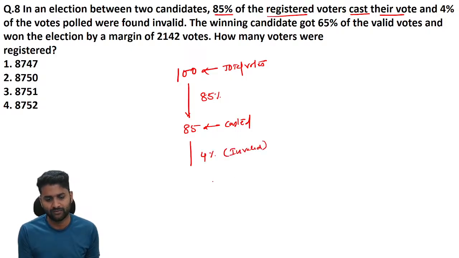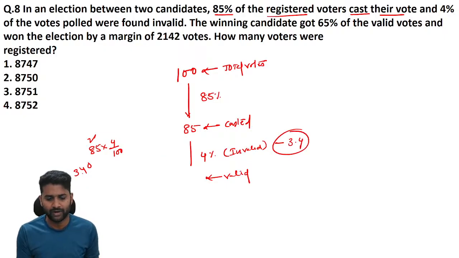We are assuming one value and we are continuing the same calculation. How many are valid? So 85 into 4 by 100. So 5 into 4 is 20, 8 into 4 is 32, 34. So it's 3.4 votes out of 85. 3.4 votes are invalid. So how many are valid here? 81.6 votes are valid.